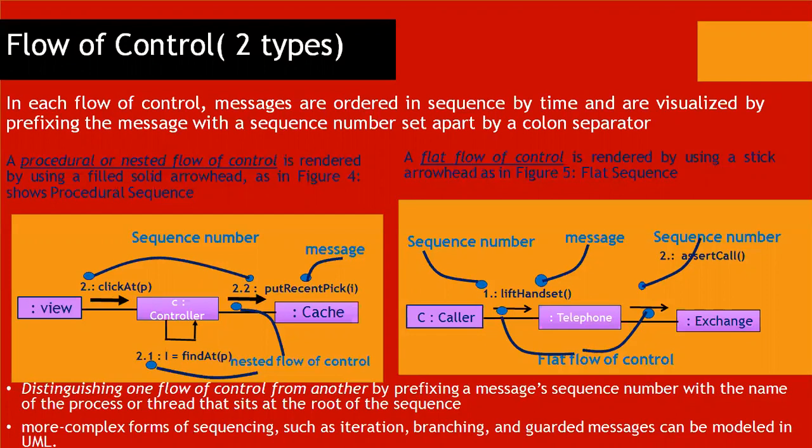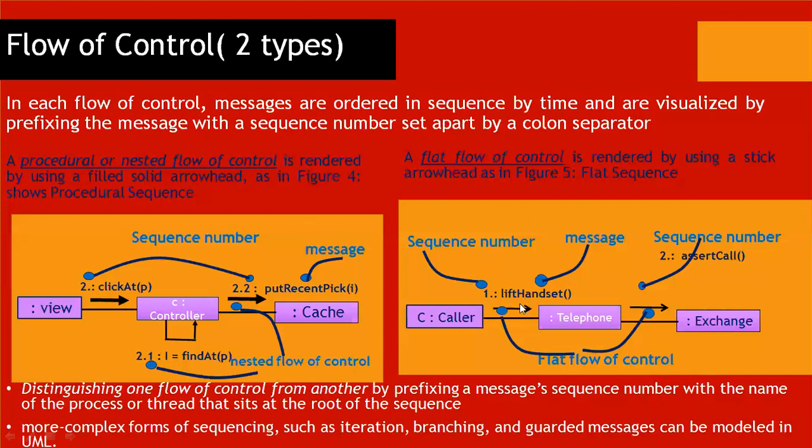There are two types of flow of control: one is nested flow of control and the other is flat flow of control. A procedural or nested flow of control is rendered using a solid arrowhead, whereas a flat flow of control is rendered using a stick arrowhead.